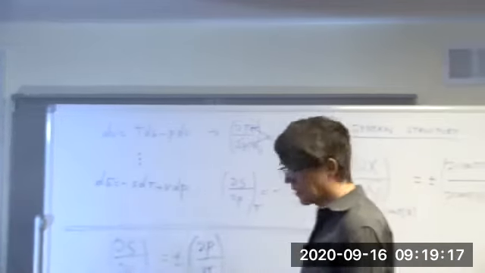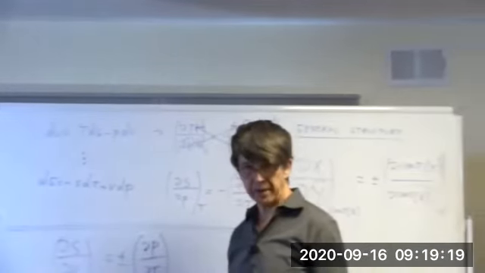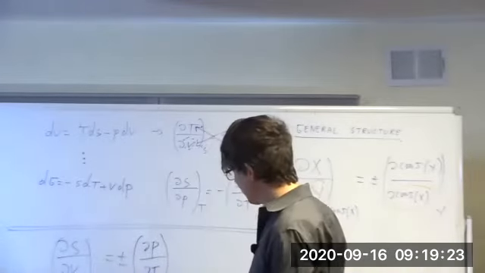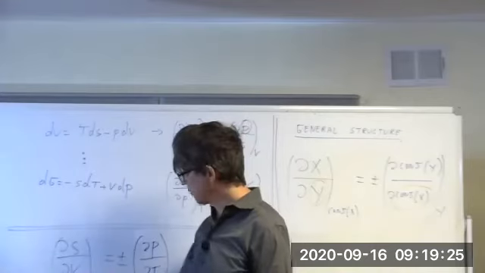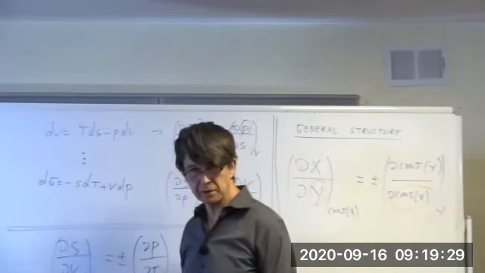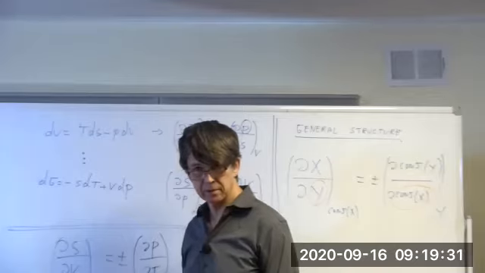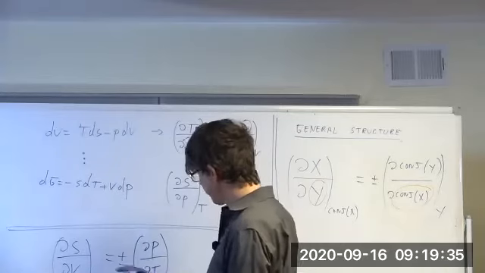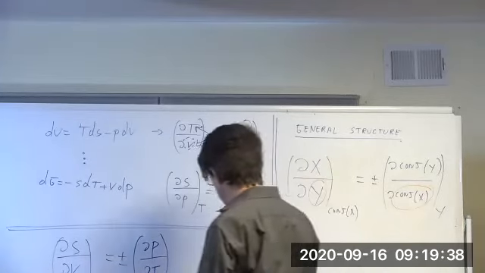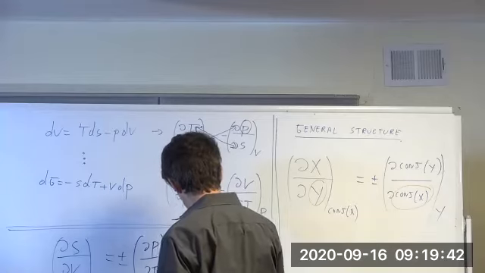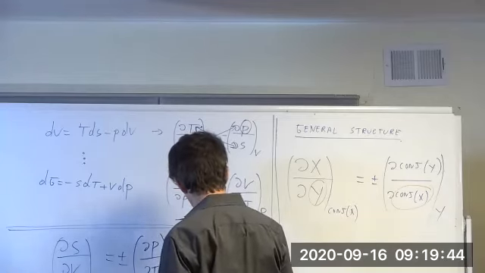How do you know the sign? Again, when you're fast at this, you'll figure out what the sign is. But let's say I don't know. So it has to be a potential that has v and t as variables, right? Because that's what I'm taking the derivatives of. So if I have v and t as variables, that means it has to be the Legendre transform of u minus ts, right?